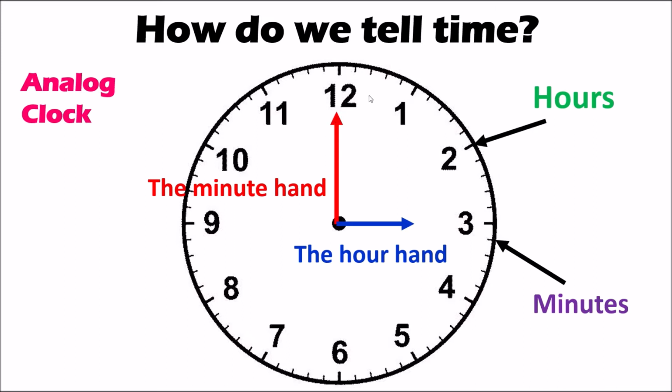And if it goes all the way around the clock, up to here, 59, 60. 60 minutes will pass. So it takes the minute hand 60 minutes to go all the way around and come back. And 60 minutes is the same as 1 hour.